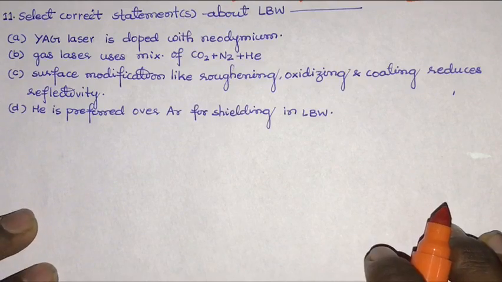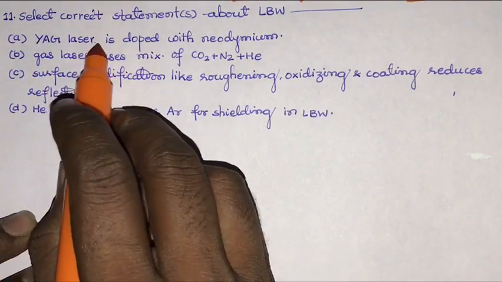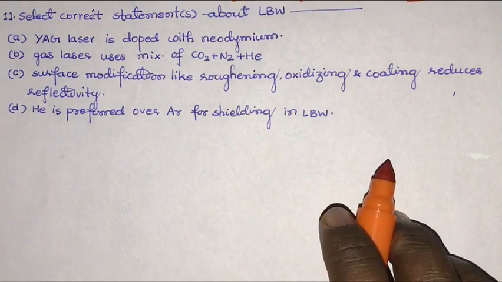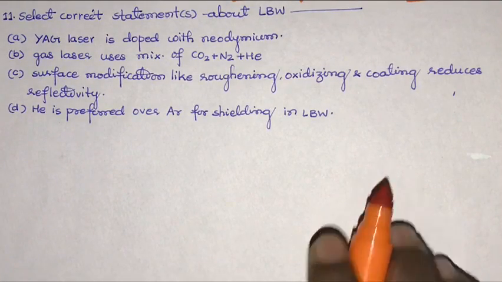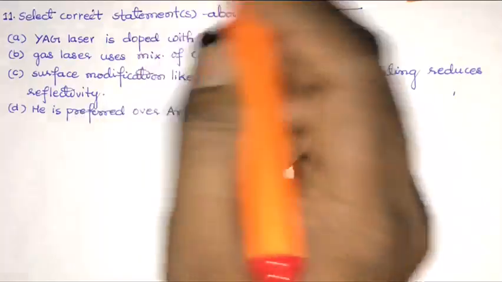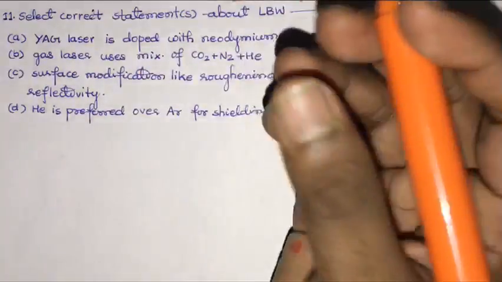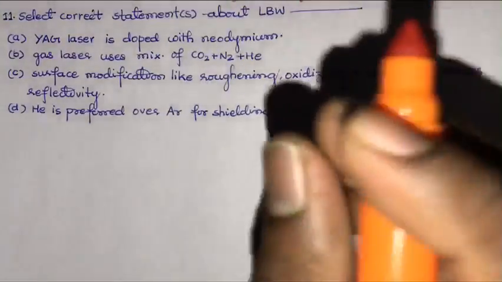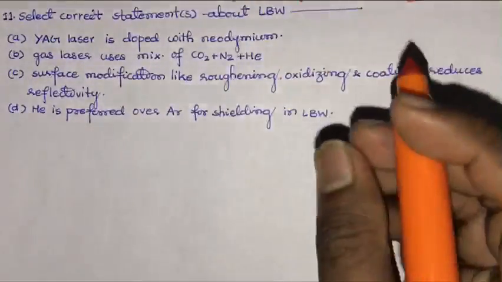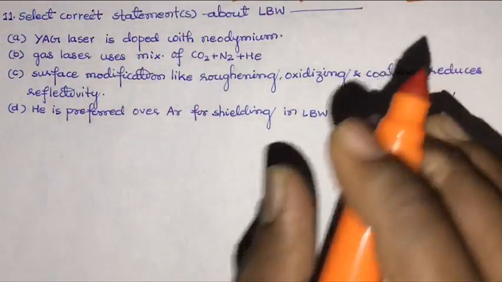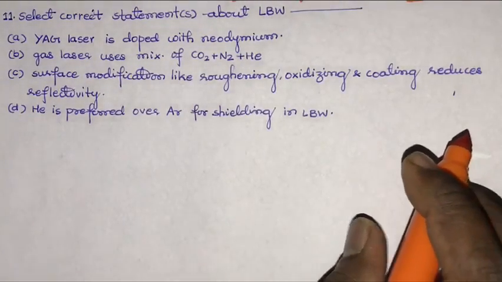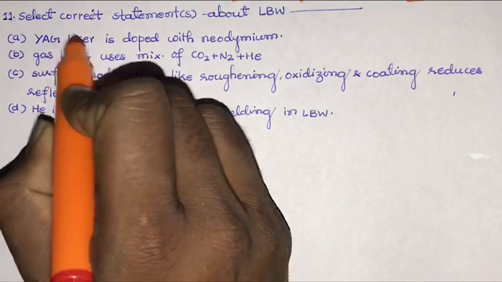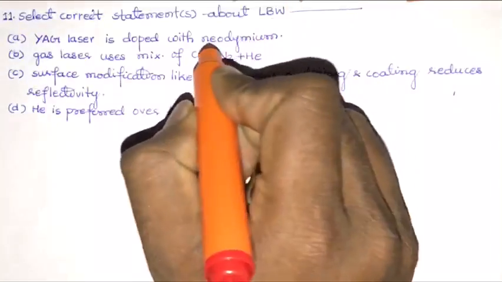Okay, first is yttrium aluminum garnet, that is YAG laser, is doped with neodymium. Laser beam welding uses laser produced by a solid state laser or gas laser. A solid state laser is a single crystal doped with a small concentration of a transition metal or rare earth element, and yttrium aluminum garnet is doped with neodymium.